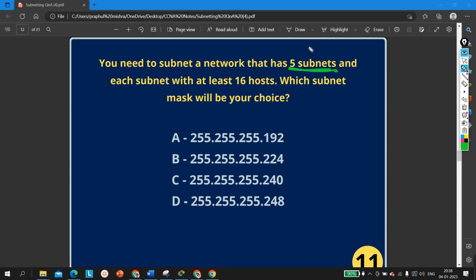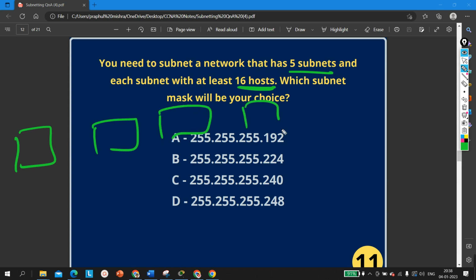So we need 5 subnets, meaning 5 networks, so definitely we will divide the network into 8 parts. The requirement is that you need to subnet a network that has 5 subnets, each with at least 16 hosts. So you need 5 networks, and in each network we need at least 16 hosts.